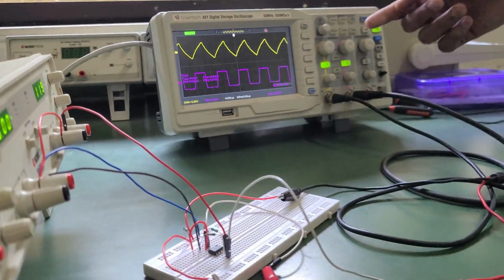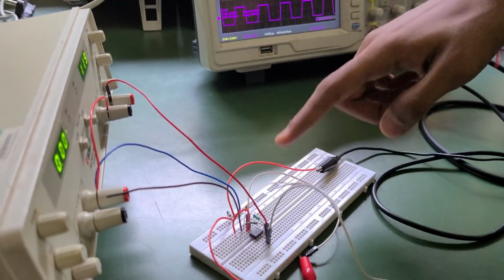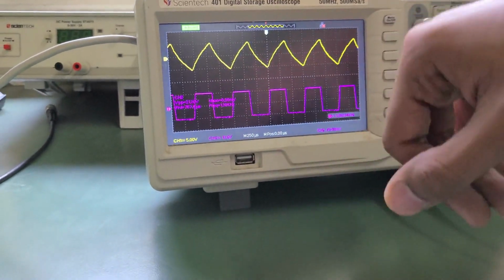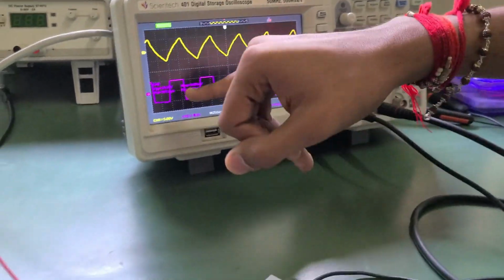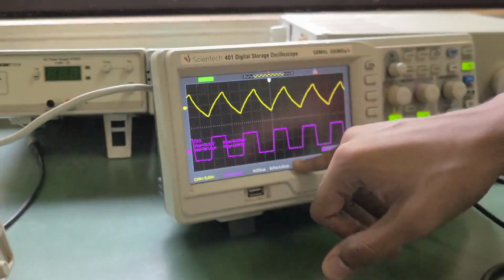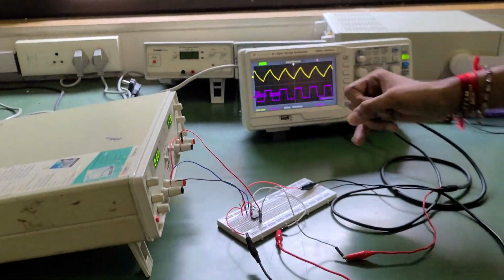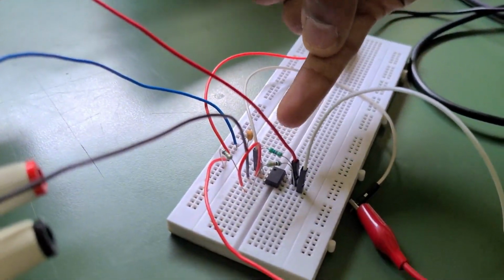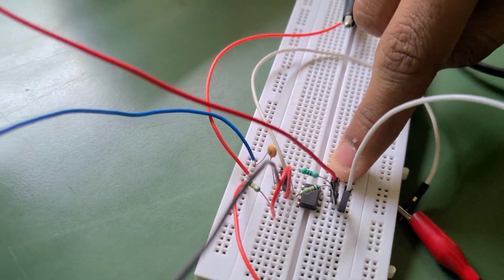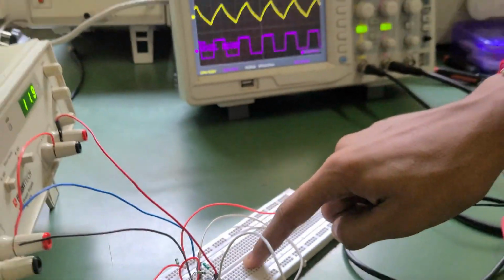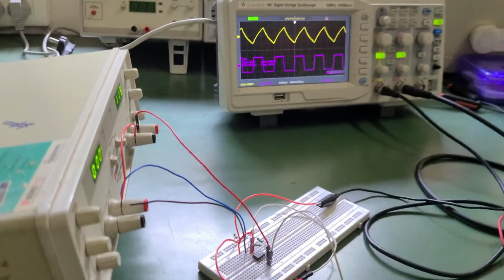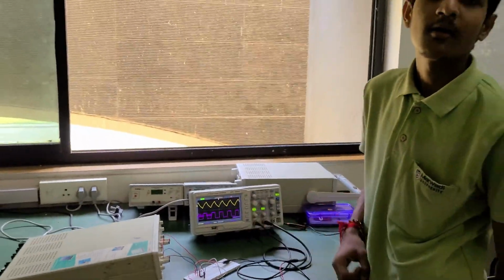In the waveform, the sine wave is our input waveform, captured by channel 1, and the output waveform connected at pin number 6 of the op-amp IC is our output square waveform. We also connect the feedback resistor between pin number 2 and pin number 6 of the op-amp IC on our breadboard, as per the circuit. This is how our square wave is generated by our op-amp IC.